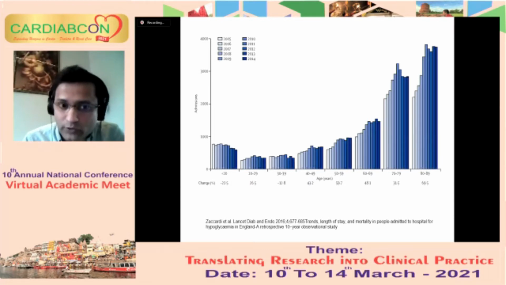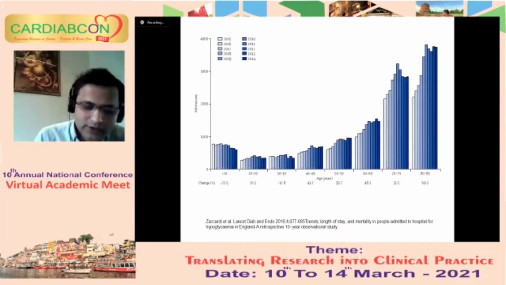What is more alarming in this slide is that in the 80 to 89 group, the elderly population, there is literally a flat line. There is no change whatsoever in hypoglycemia admissions, despite better management strategies over the years. So this is also quite alarming.